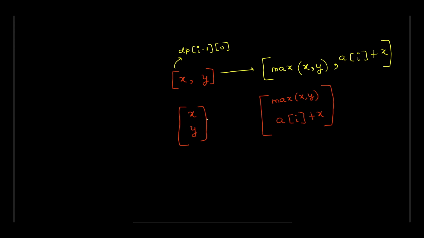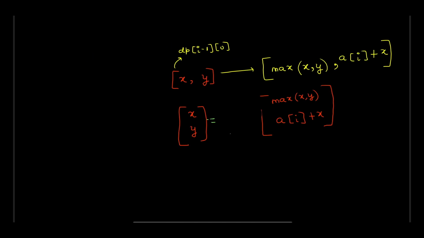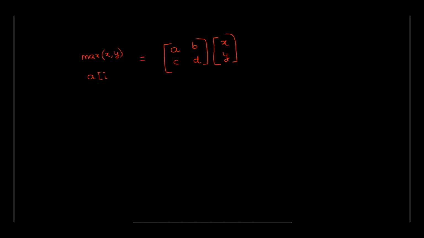Then you are looking for a matrix, let's say a, b, c and d, that you could multiply with x comma y, such that the results you receive on the right hand side are max of x comma y and ai plus x.